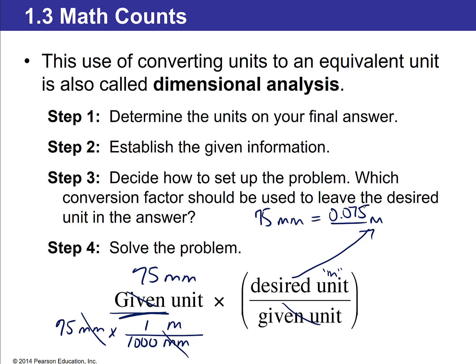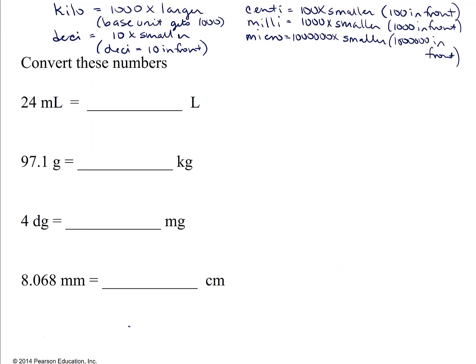So if you're doing a problem and you have millimeters and meters, or you have deciliters and liters, or you have grams and kilograms, you can do this. It's the exact same setup. Like with this one, 24 milliliters is how many liters? The first step, remember, is the given unit.